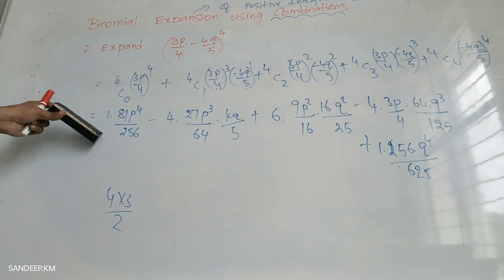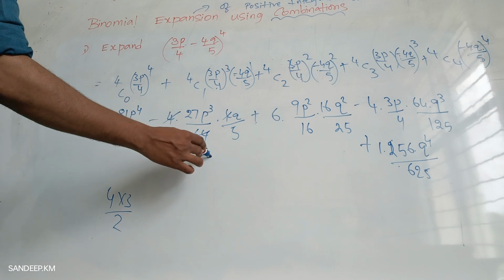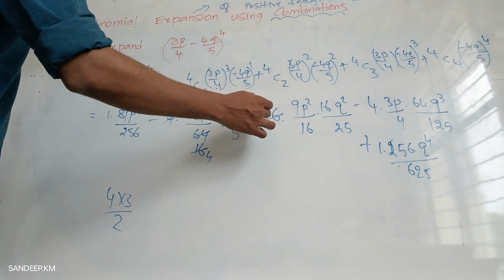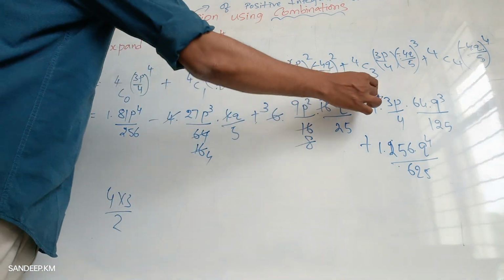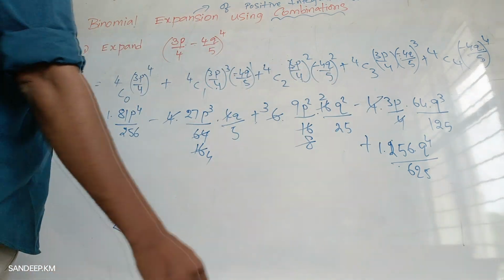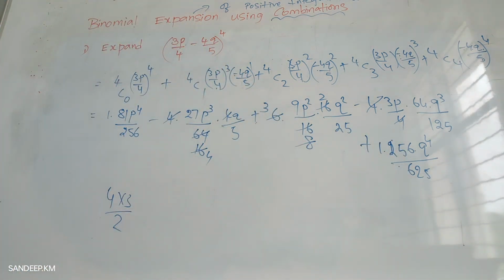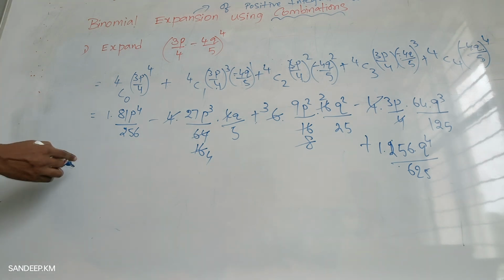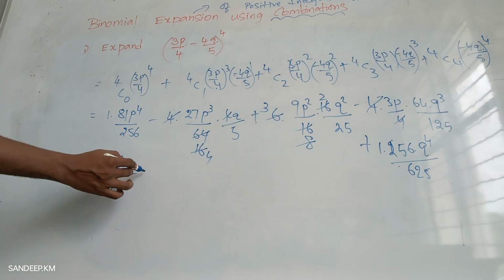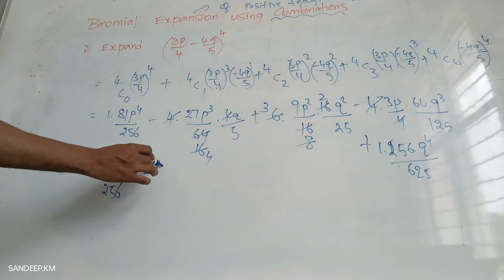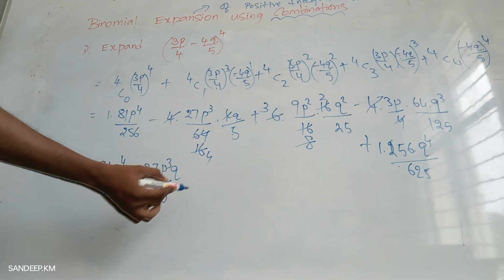So you can write the next step by simplifying. 4 1s are 4, 16s are, and 4 1s are 4, 4s are. Then 2 3s are, 2 8s are, 8 1s are, 8 2s are. 4 and 4 will get cancelled, and then here no cancellations. What is our final answer? So our final answer will be 81 p power 4 by 256 minus 27 p cube divided by 4 5s are 20, and we also have q here.